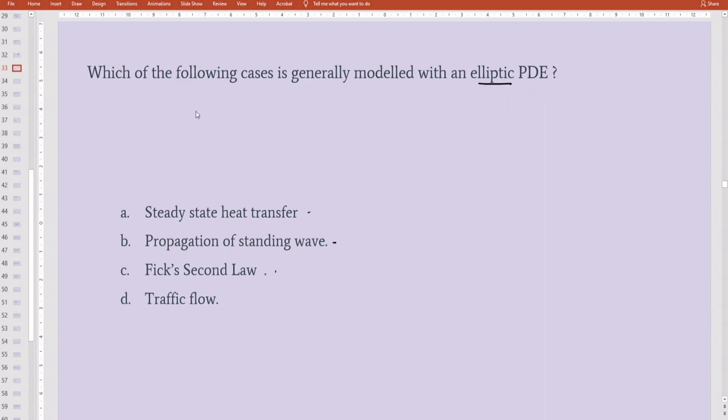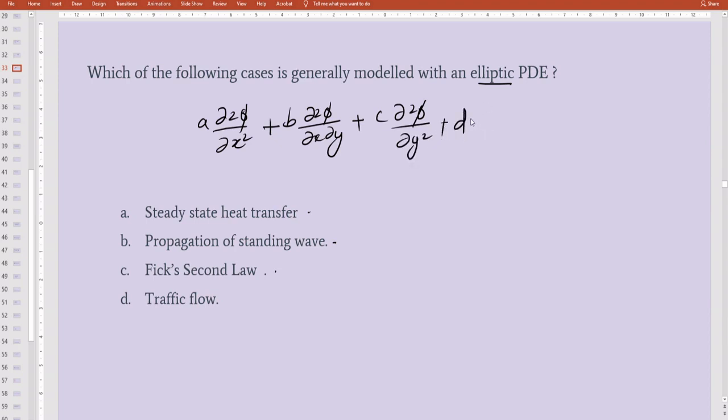Suppose we can write A into del square phi by del x square plus B del square phi by del x del y plus C into del square phi by del y square plus D into del phi by del x plus E into del phi by del y plus F of phi plus some constant G is equal to 0 as a generalized simple PDE.